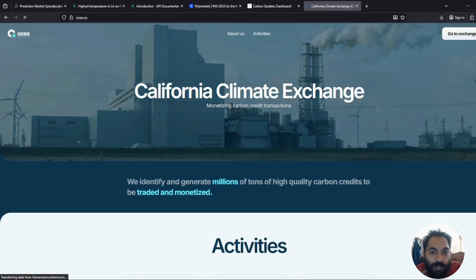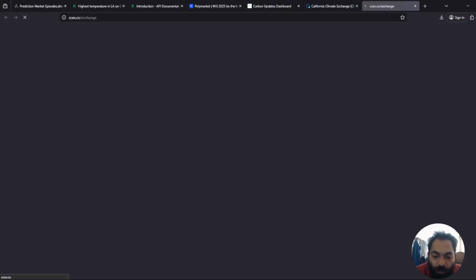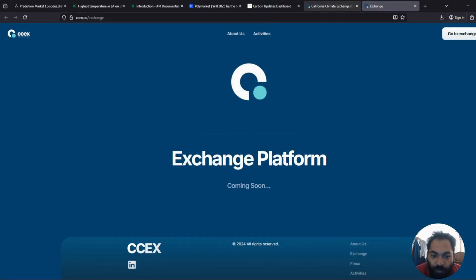Let's go. So we go to this platform, and let's say they go to the exchange and do sort of carbon financial modeling, bilateral trading, and everything else, right?